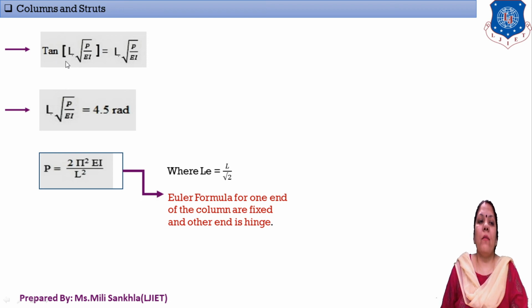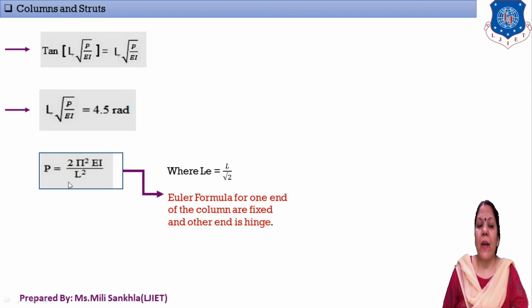Now tan L under root P upon EI is equal to L under root P upon EI, and the value of this term is equal to 4.5 radian. Here I take P as the Euler load. So remove this under root, and P is equal to 2 pi square EI by L square.